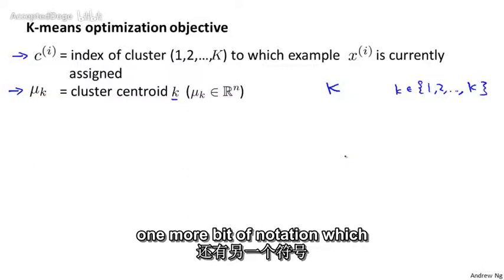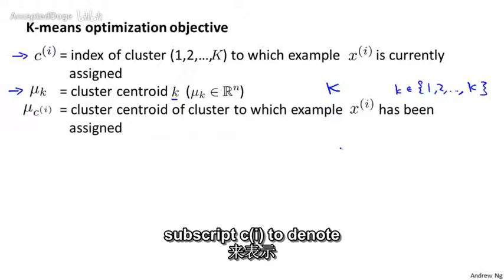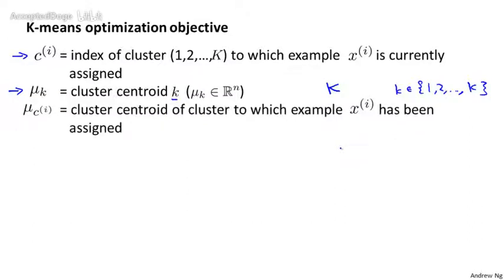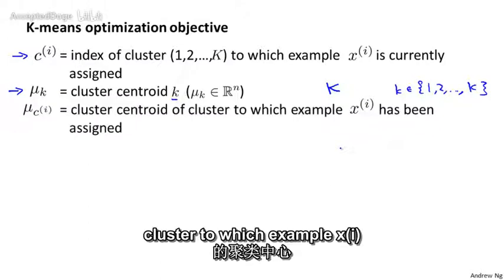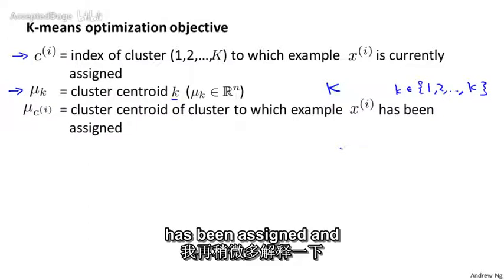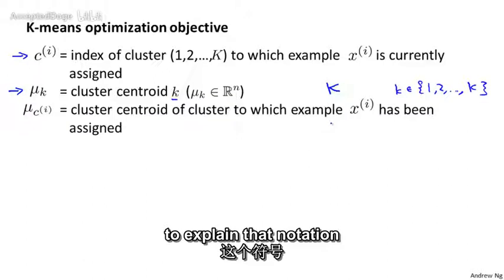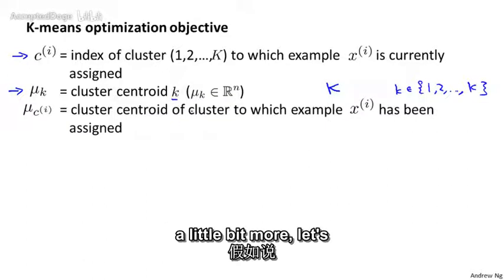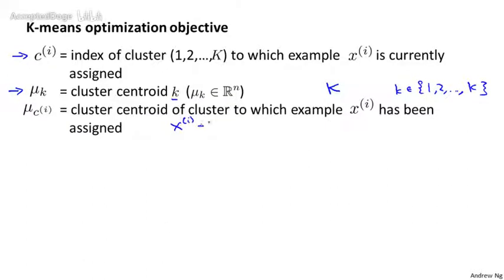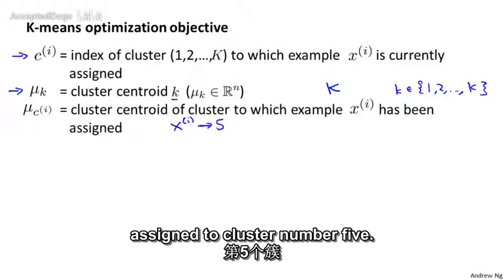Now here's one more bit of notation, which is going to use mu subscript c^(i) to denote the cluster centroid of the cluster to which example x^(i) has been assigned. To explain that notation a little bit more, let's say that x^(i) has been assigned to cluster number 5.